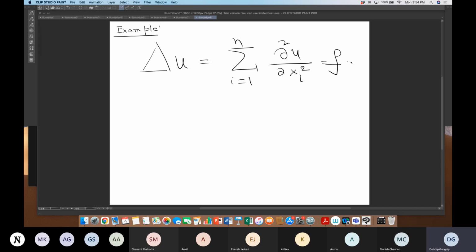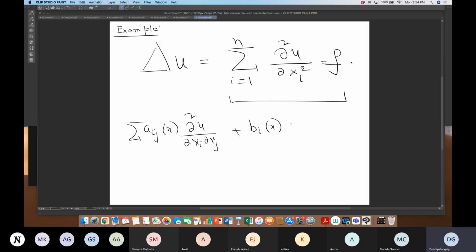Now you tell me. So this is the equation. We said that a second order elliptic equation is of the form a_ij(x) second partial derivative of u with respect to x_i x_j, plus b_i(x) partial derivative of u with respect to x_i, plus c(x) u equal to f, with i, j equal to 1 to n.